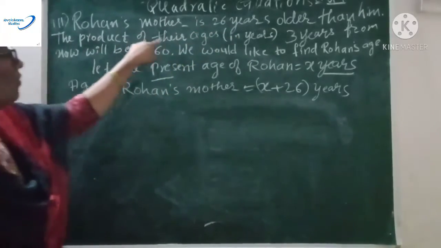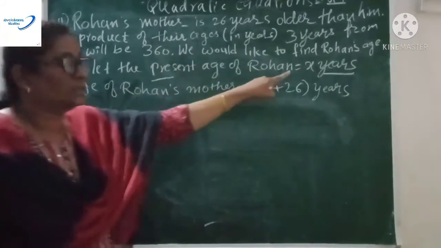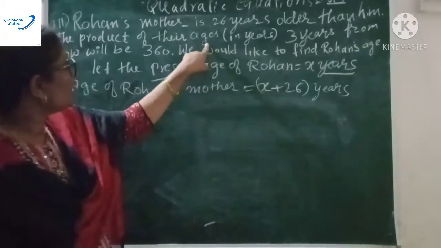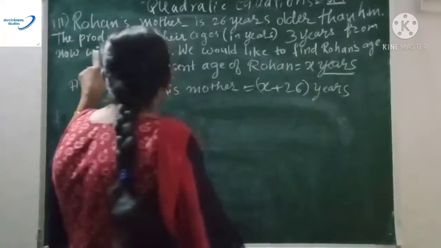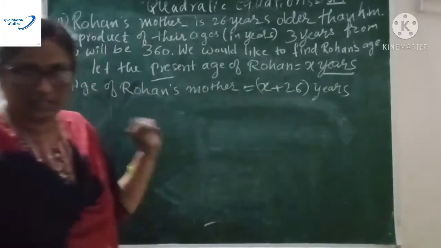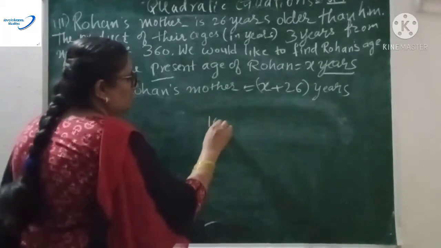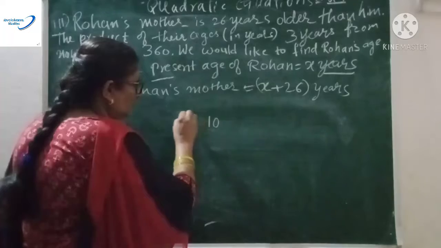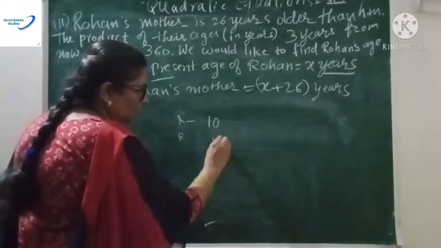Now the product of their ages, multiplication it is. Their ages 3 years from now will be 360. Okay. Now suppose the age of Rohan is 10. Then Rohan's mother's age will be 10 plus 26.